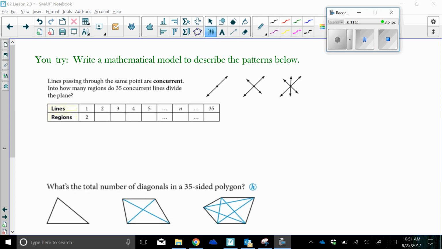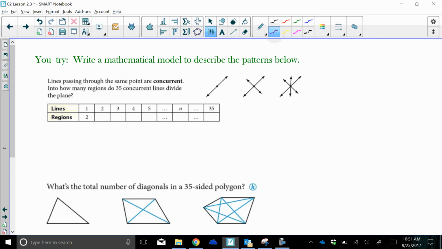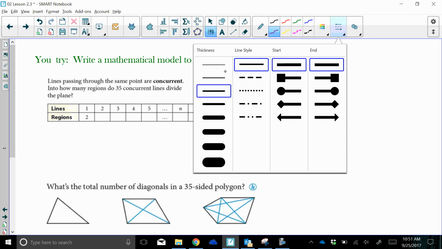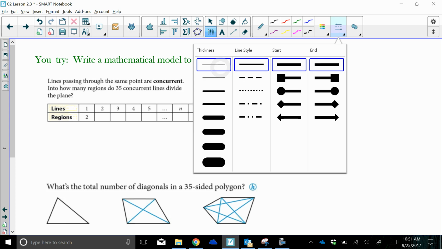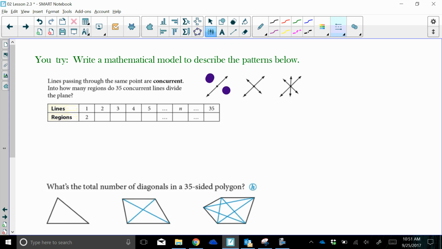So if you're looking at the number of lines and the number of regions, I can look at the first one, and here's one region, and here's the second region. Then I can look at the second one where there are 2 lines, and here's 1, 2, 3, 4 regions.